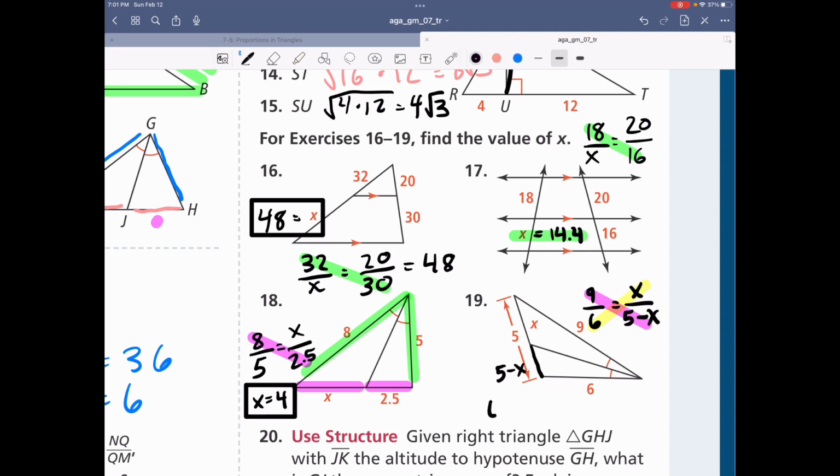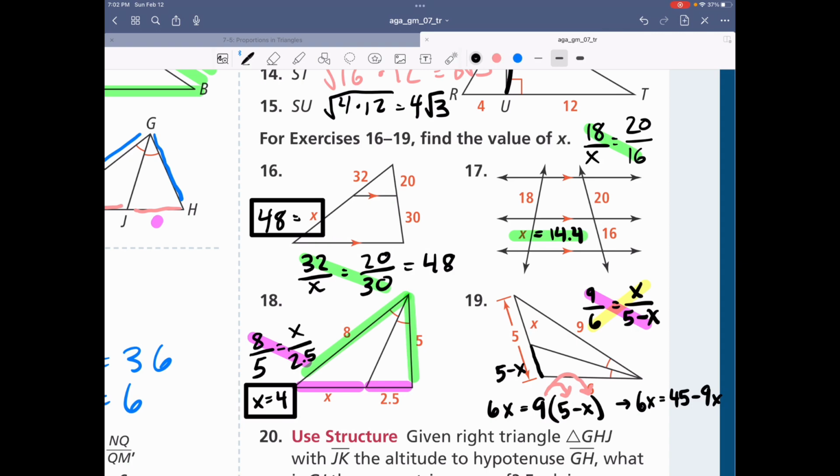So 6x is equal to 9, parentheses 5 minus x. And then we will distribute, meaning multiply. 9 times 5 is 45, and 9 times negative x is minus 9x. So we have 6x equals 45 minus 9x.